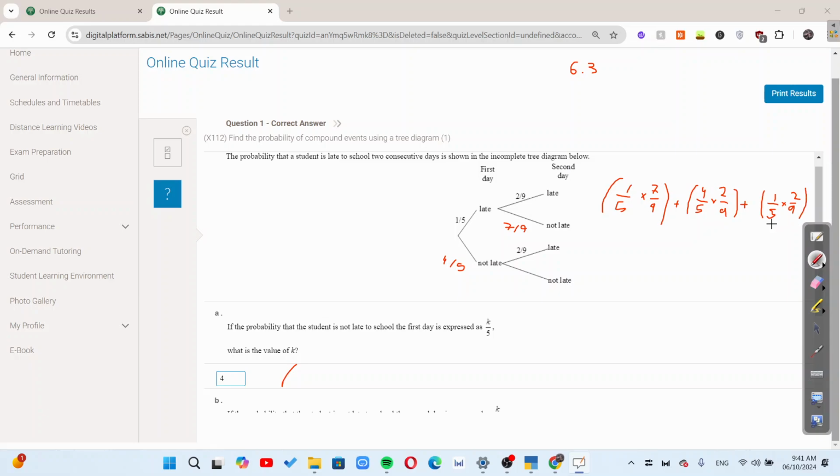Which, when you put it into your calculator, your answer is going to be 17 over 45. Or you could do it this way, but let me really quickly do it on my calculator.